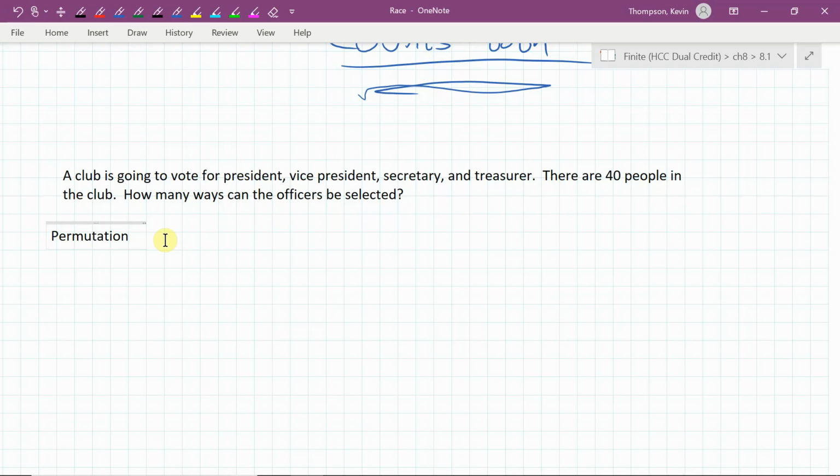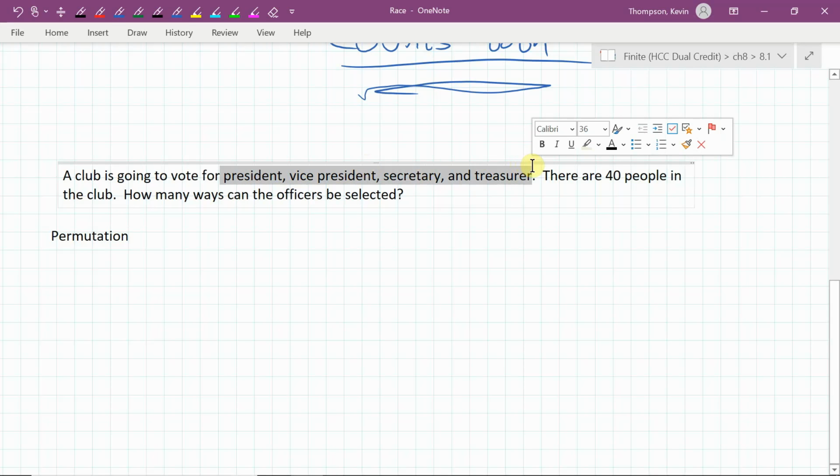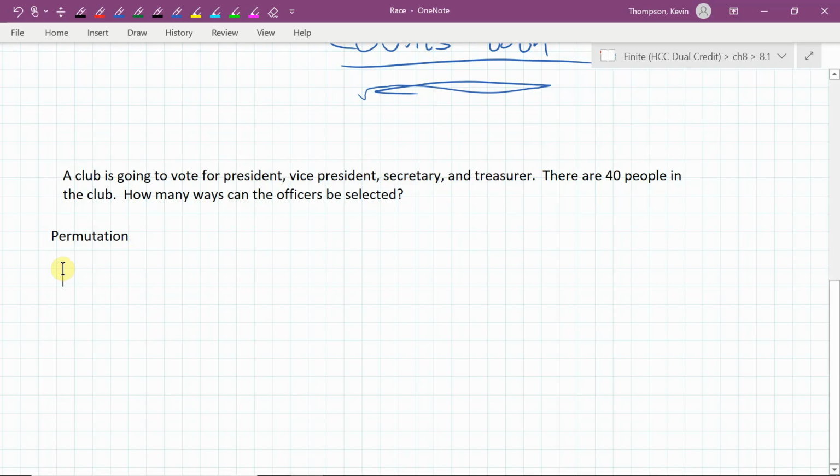Would the club run the same, or do they have the same pool of officers no matter how I would order the 4 of them? In other words, is it different if Annalise is president or Annalise is treasurer? Yeah, that definitely is different. So we don't want to not count that.